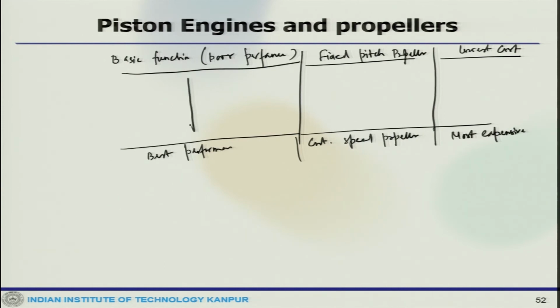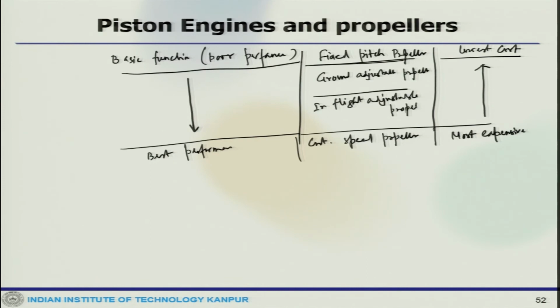So, this is how it goes: we have fixed propeller, then ground adjustable propeller, and in flight adjustable propeller.